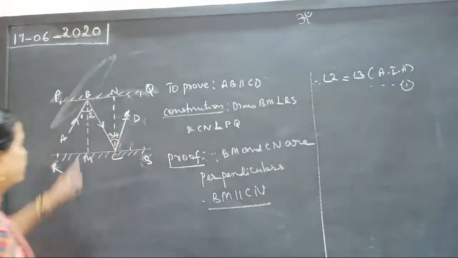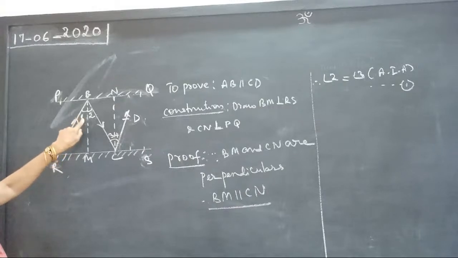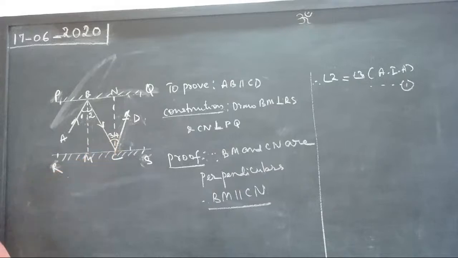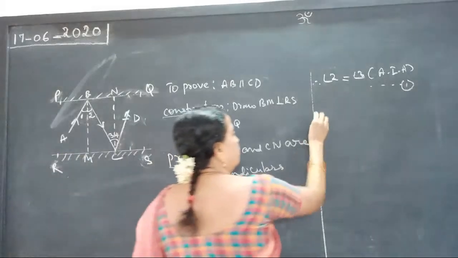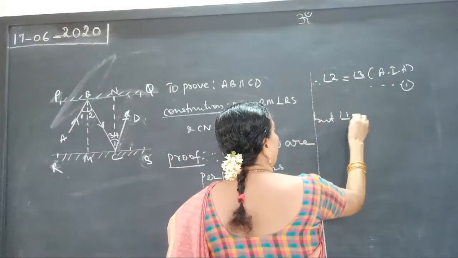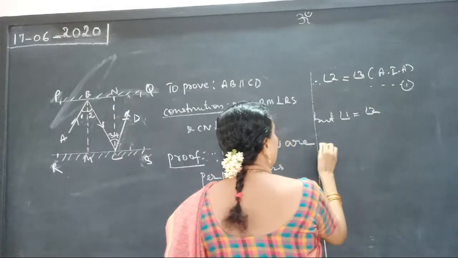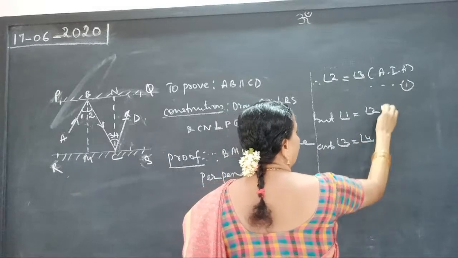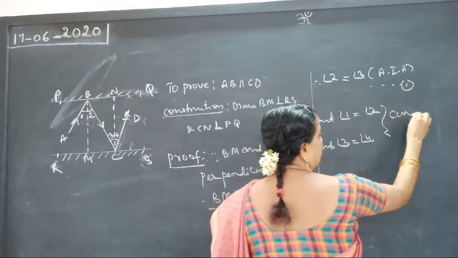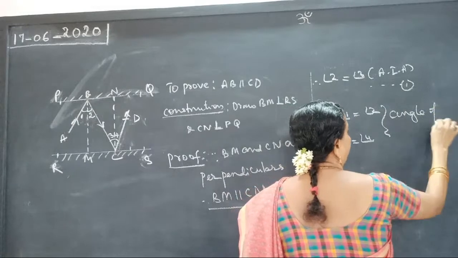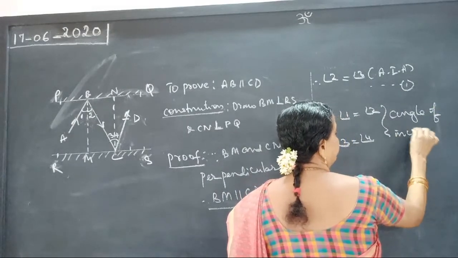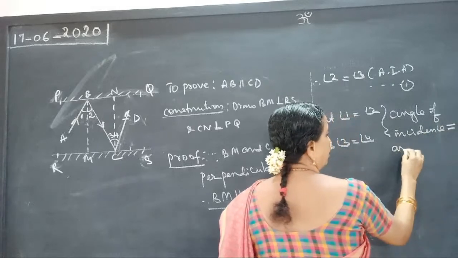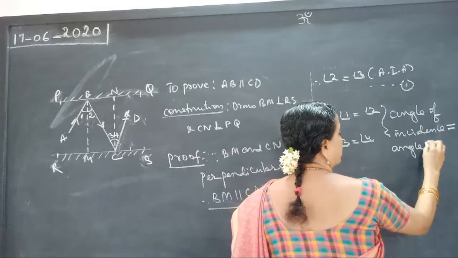Okay. Next, angle 1 equals angle 2 and angle 3 equals angle 4. Reason: angle of incidence is equal to angle of reflection.